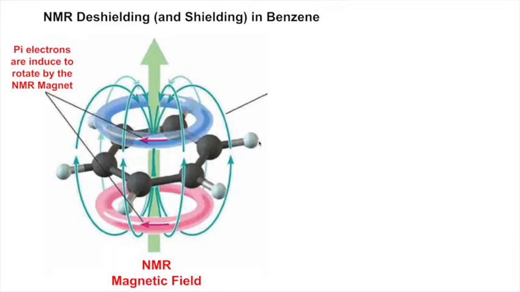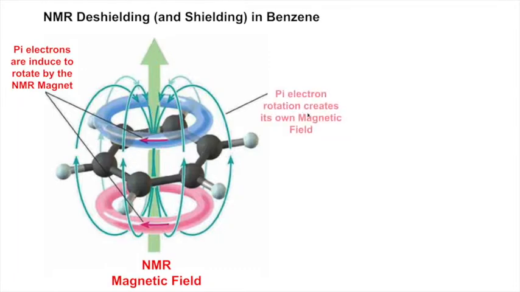So the hydrogen here has its own electrons. That's the one we were just looking at on the last slide. They oppose the NMR to shield. But while they're doing that, the pi electrons are also having an effect. They start spinning around and they create these cool magnetic field lines that circle through the ring, up the outside, and then back down the center of the ring, and up the outside and down the center.